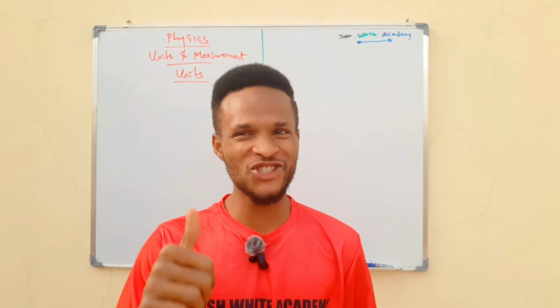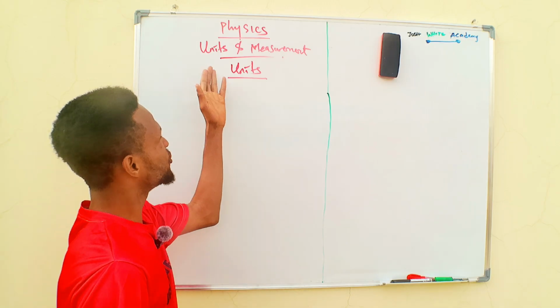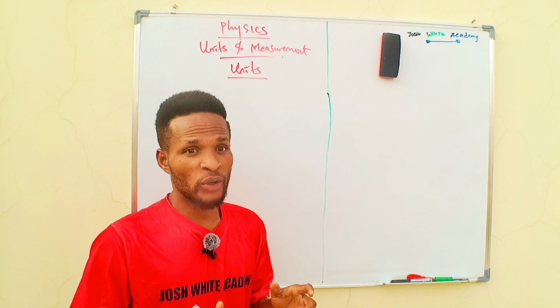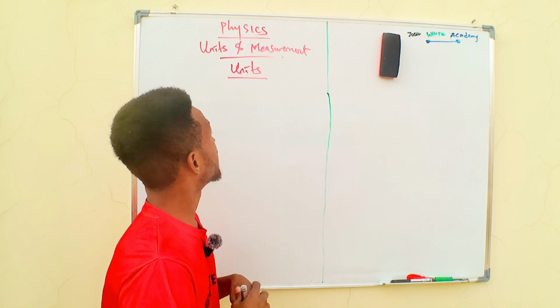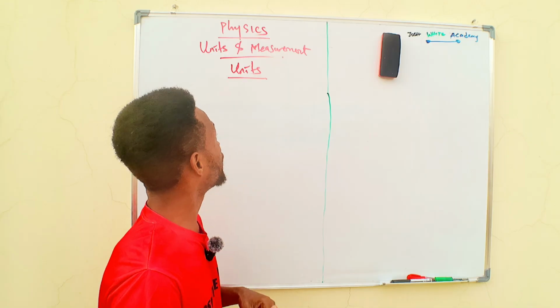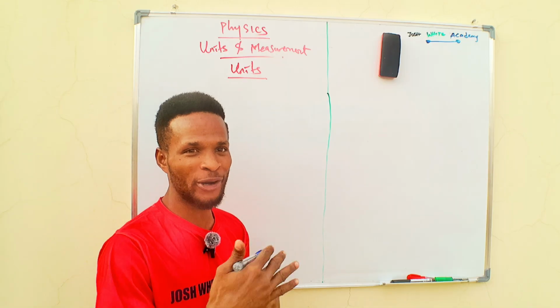Let's get started. So we will be starting off with the topic units and measurements. We will split this topic into two sections. The first section will be talking about units, while the second one will be talking about measurement.